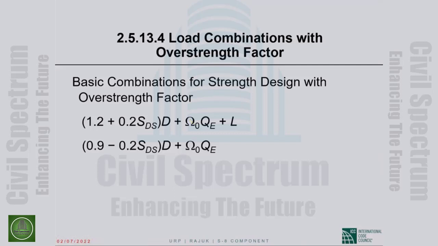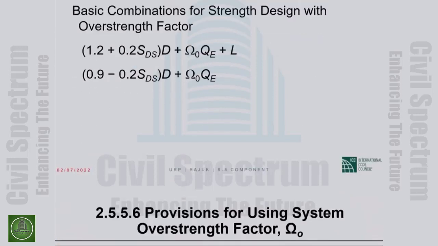And if you look at the table, the number is 2, 2.5, or 3. So we are amplifying the effect of design-based shear by a much larger multiplier and then adding to gravity effects. So this is the difference between regular seismic load combinations and the load combinations with overstrain factor.